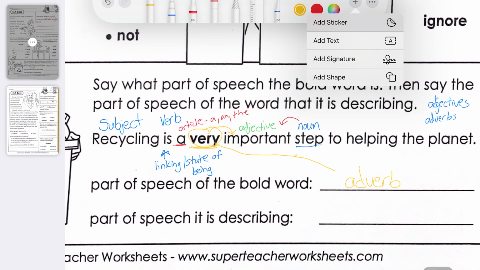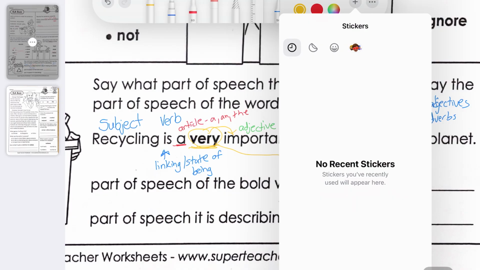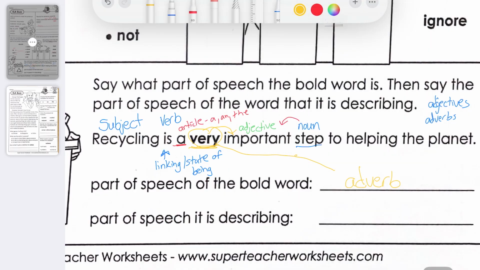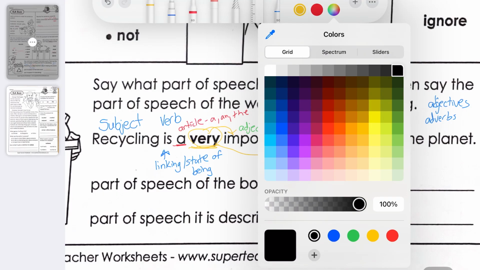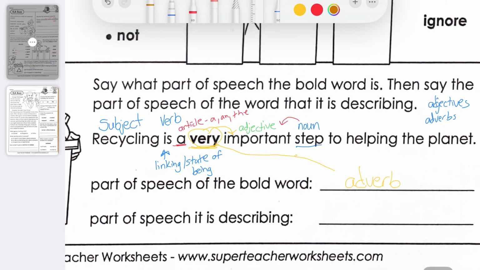There's one more part to this. If I can get a different color going here. Come on. There you go. There's one more part of this right here. To helping the planet. This is called a prepositional phrase. We will be doing these coming in the next module. Prepositional phrases usually just tell more about something.